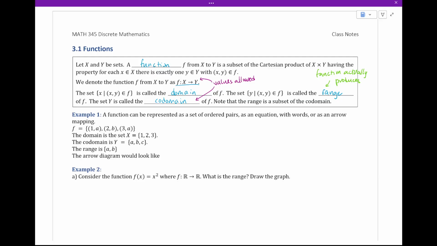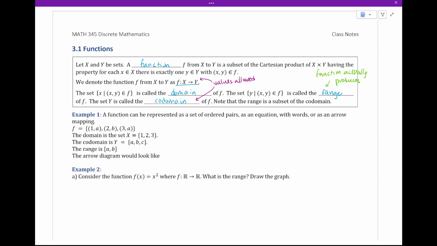Here we have an example, example 1. A function can be represented as a set of ordered pairs, as an equation with words or with an arrow mapping. And we're going to look at all of those. First up, function f uses set notation of ordered pairs: (1,a), (2,b), and (3,a). That is a function using a set of ordered pairs. The domain of this set is the set x, which is 1, 2, and 3.